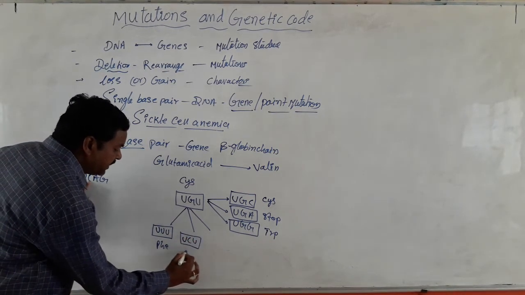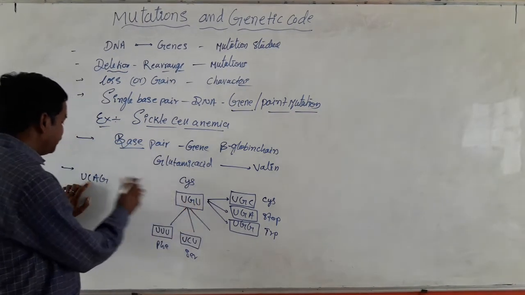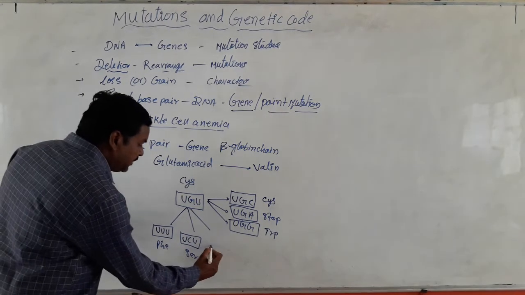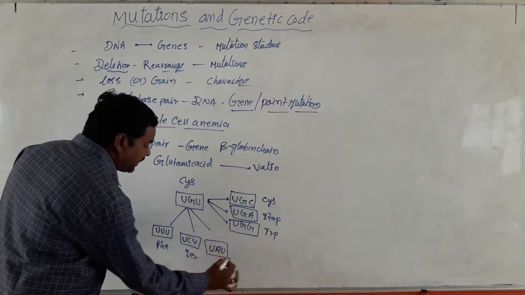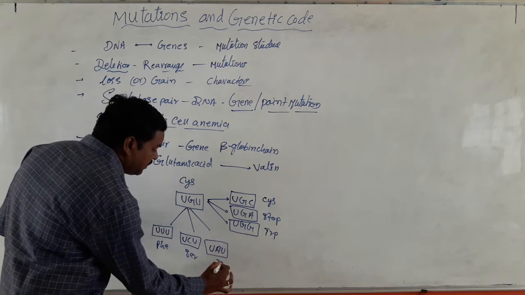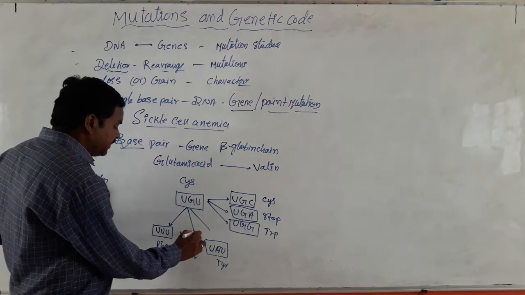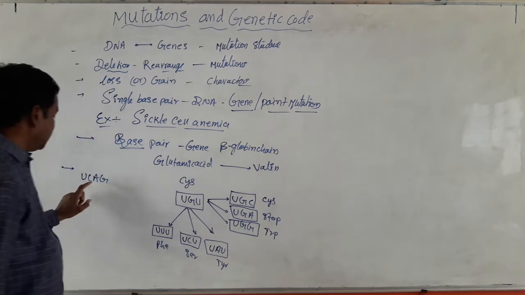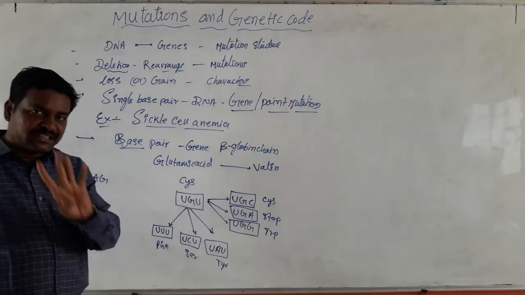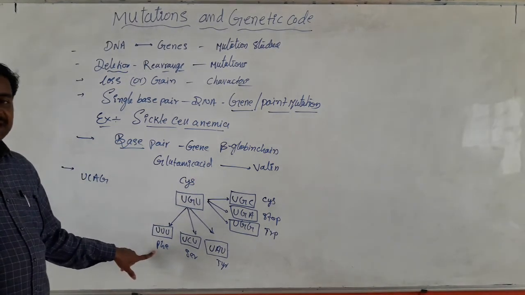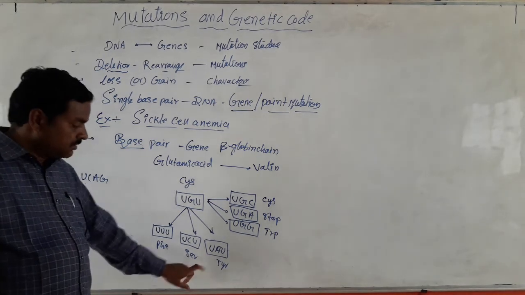Now this codon recognizes serine. At the same time, when this G is replaced by A, it leads to the formation of UAU. Now it recognizes tyrosine. In this way, when the middle letter is replaced by the remaining nitrogen bases, it leads to the formation of a total of 3 codons. One recognizes phenylalanine, another recognizes serine, and the other recognizes tyrosine.